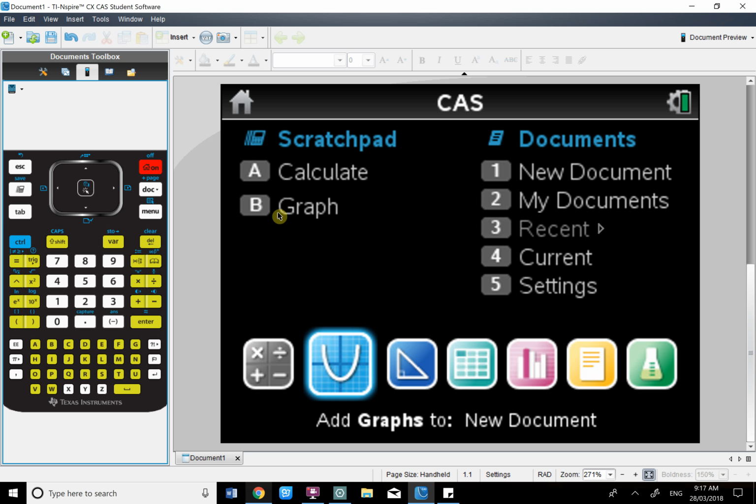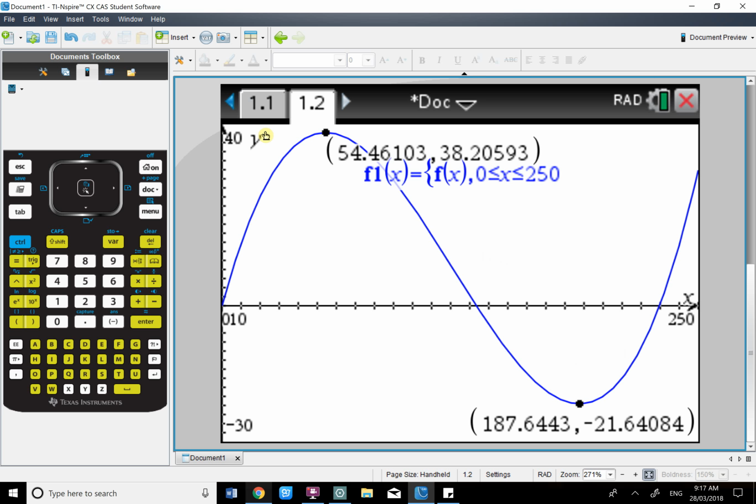Your calculator has the memory, so you don't need to save it, unless you clear it. You can go back to the current page by clicking here. Only use the bottom two, the graphing and the calculator one.